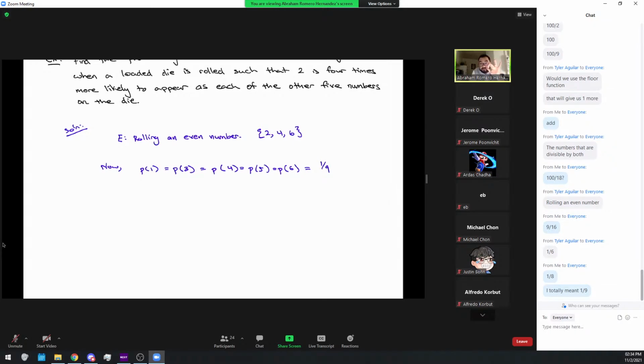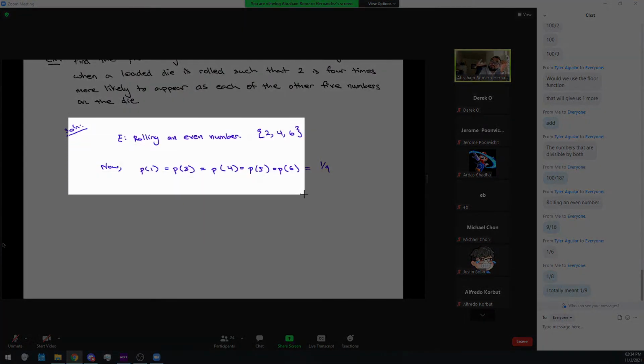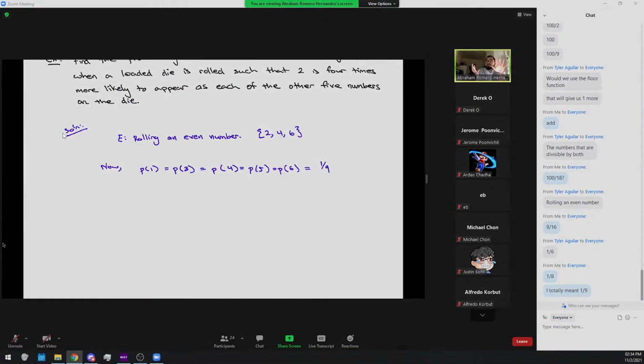Those are 5 numbers. And then the 2 can appear as 4 times more likely. So 2, 2, 2, 2. So technically there are 9 outcomes. So 1/9. But keep in mind that 2 is 4 times more likely to appear than each of the other numbers. Okay.